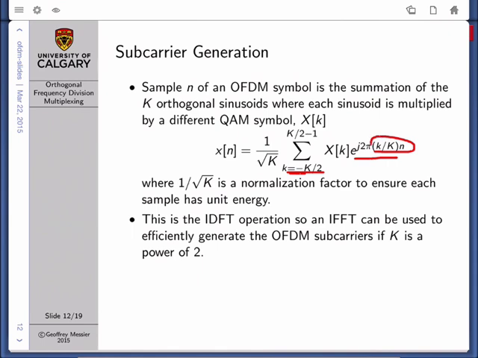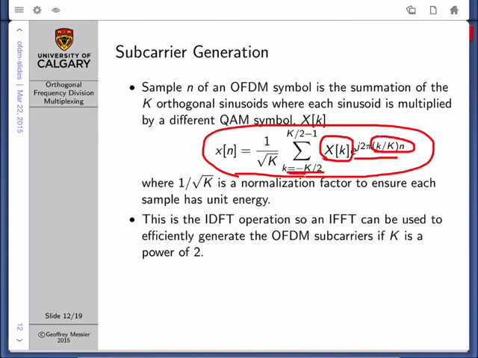This is the orthogonal frequencies, and x are the QAM modulation symbols. And this 1 over root k is just a normalization factor to make sure each sample has unit energy. Now, if this equation looks familiar, it should, because it's just the inverse discrete Fourier transform operation. So this whole equation is just the inverse DFT.